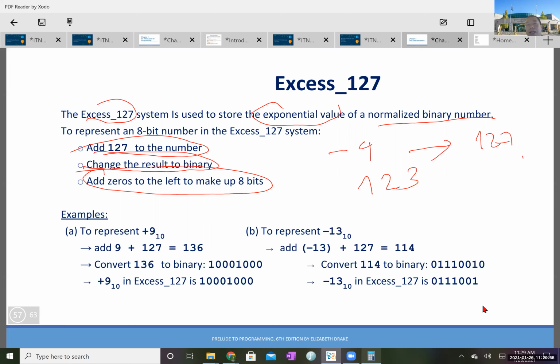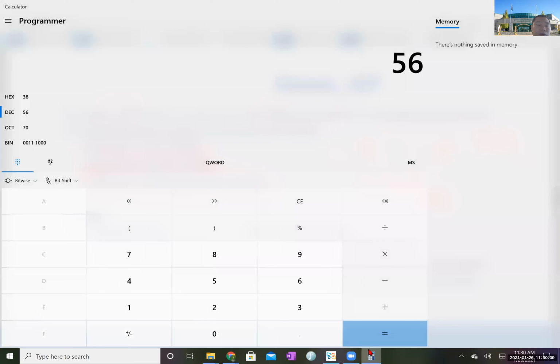Now you just convert it to 8 bits. 123 converts to 1 1 1 0 1 0 0 here, and you add a 0 to the left to make it 8 bits. So when you convert it, you have 0 1 1 1 0 1 0 0.